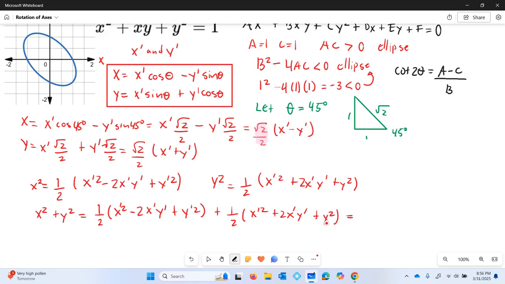Okay, now, when you simplify this, you're going to have to distribute and then add respectively.